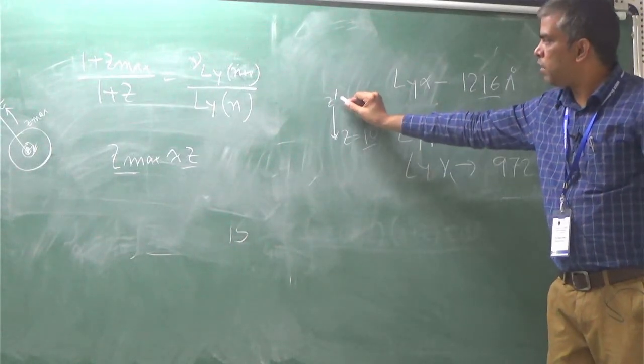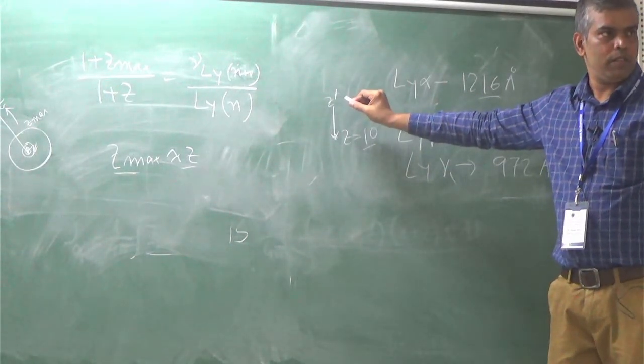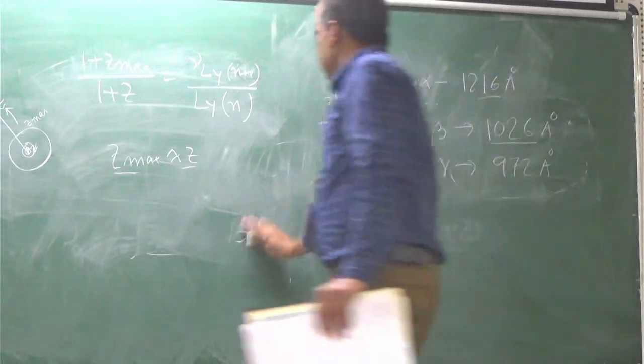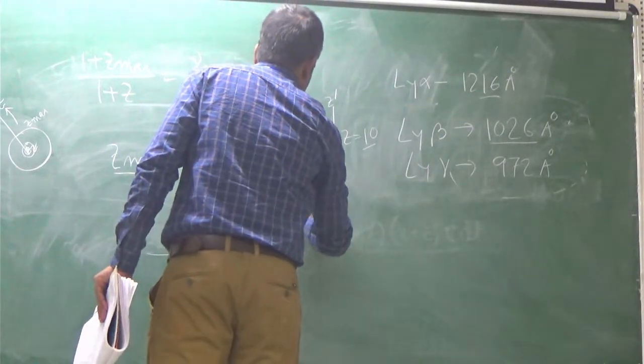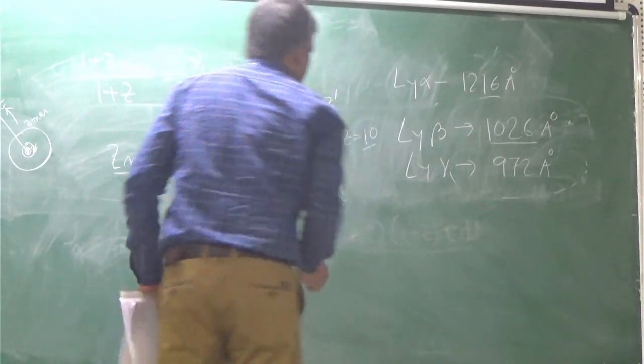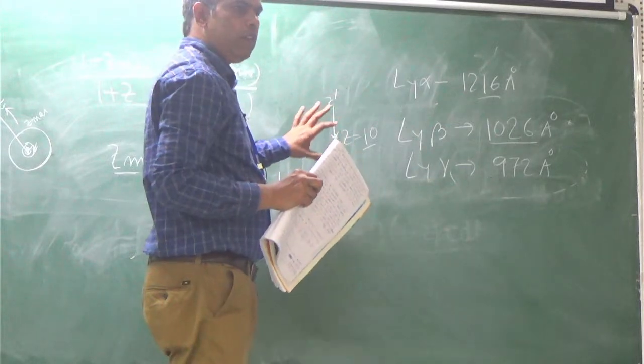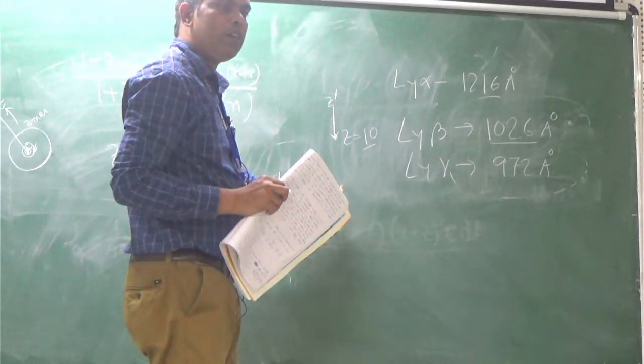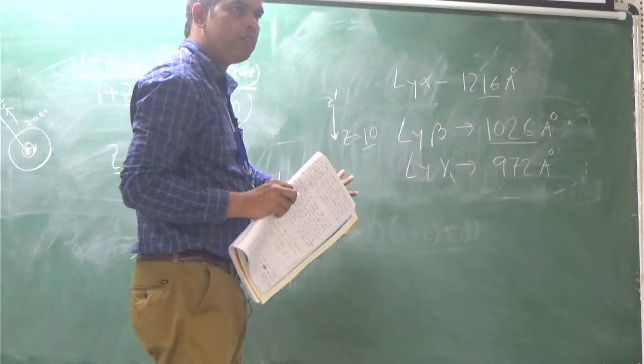How do you calculate the z max? You can calculate it: 1 plus z max, because the change of frequency is proportional to 1 plus z, right?